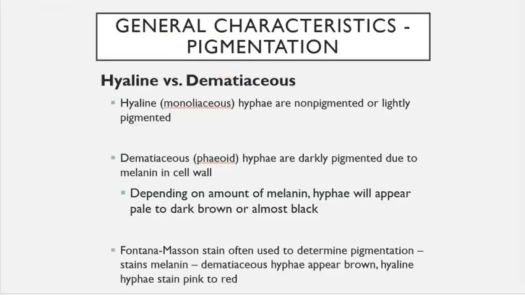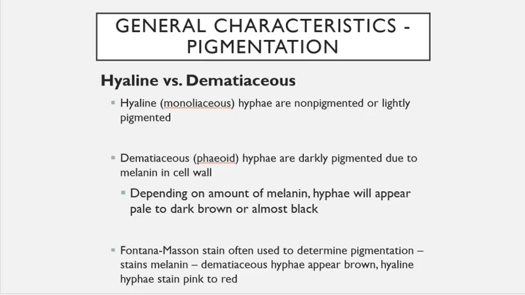Hyphae can also come in different colors or different shades. We have two categories: hyaline and dematiaceous. Hyaline is hyphae that is non-pigmented or lightly pigmented. Dematiaceous is hyphae that is darkly pigmented due to melanin in the cell wall.